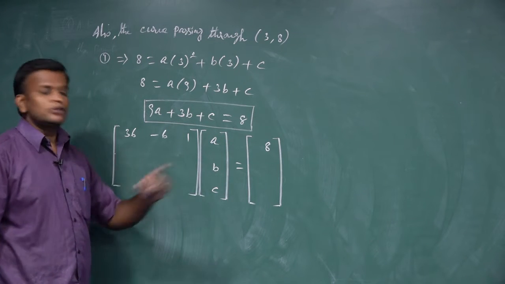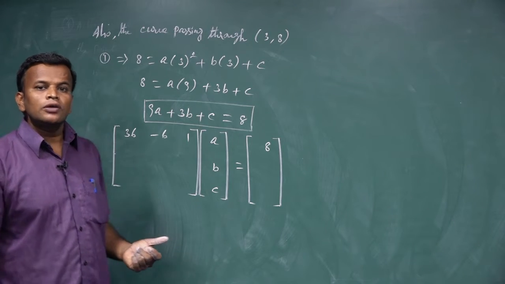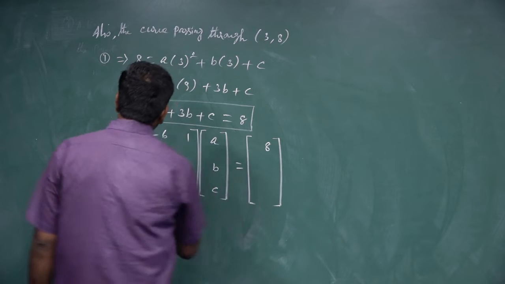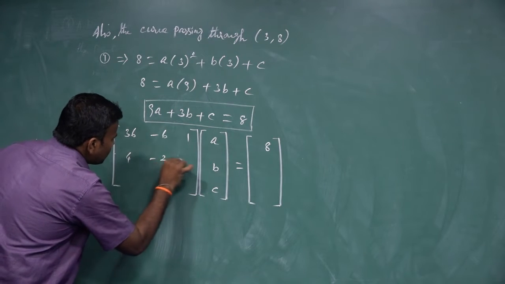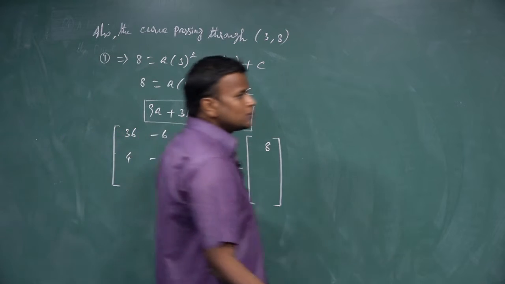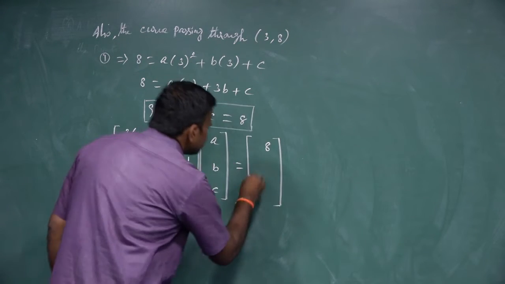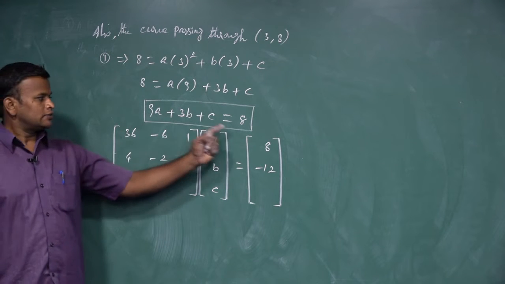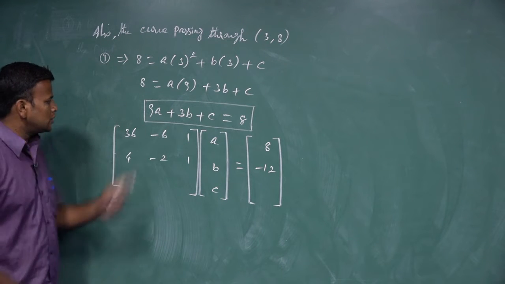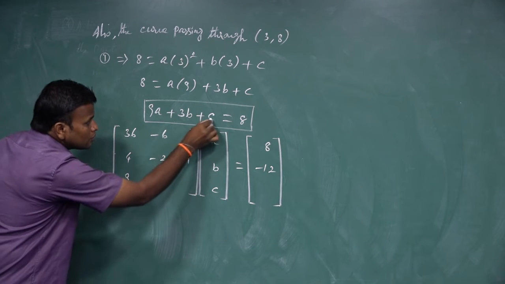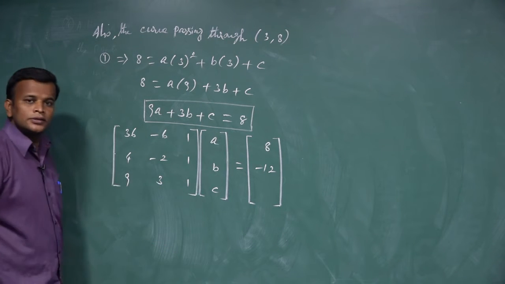Now we move to the second equation. In the second equation, the coefficients of a, b, c are 4, minus 2, 1. And the RHS of the second equation is minus 12. In the third equation, the coefficient of a is 9, b is 3, and c is 1.